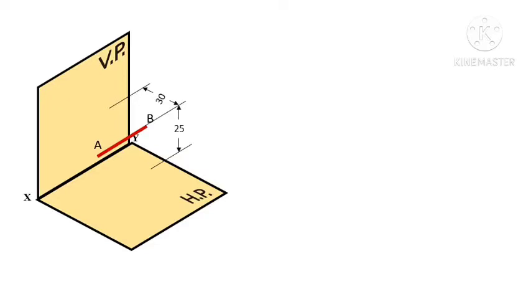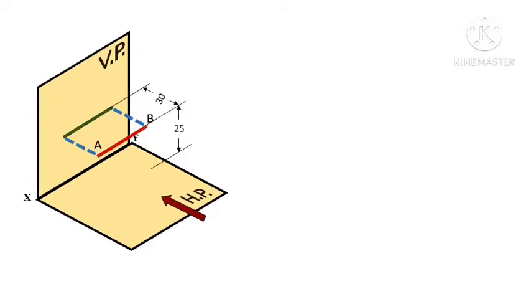When you see from here, one end projector will trace this end A and it will be projected to the vertical plane. The other end projector will trace something like this, and it will hit the vertical plane. So you will get a line something like this.